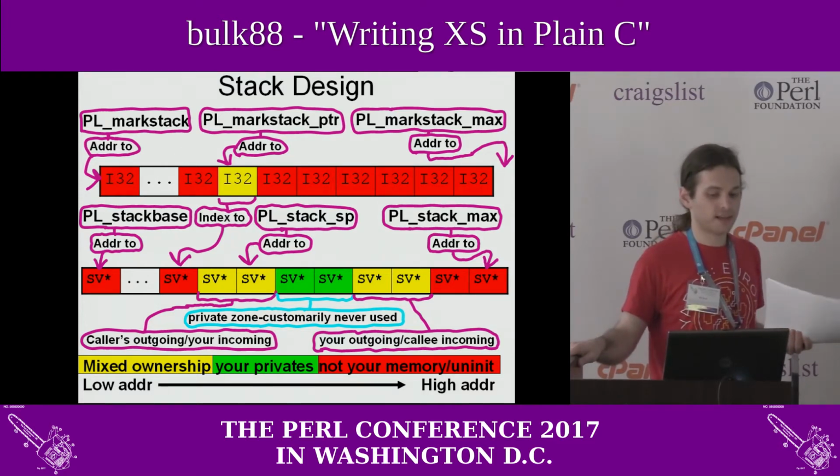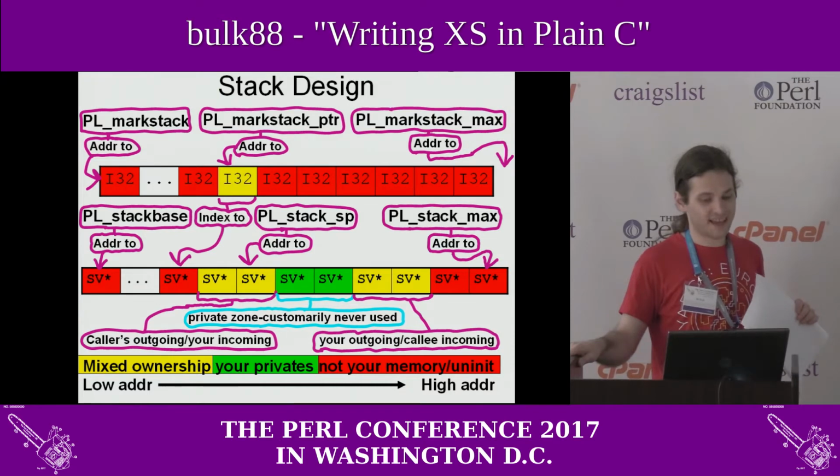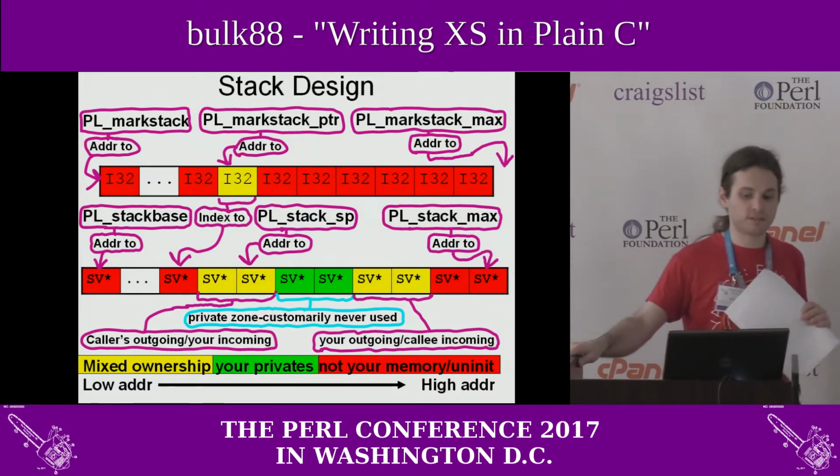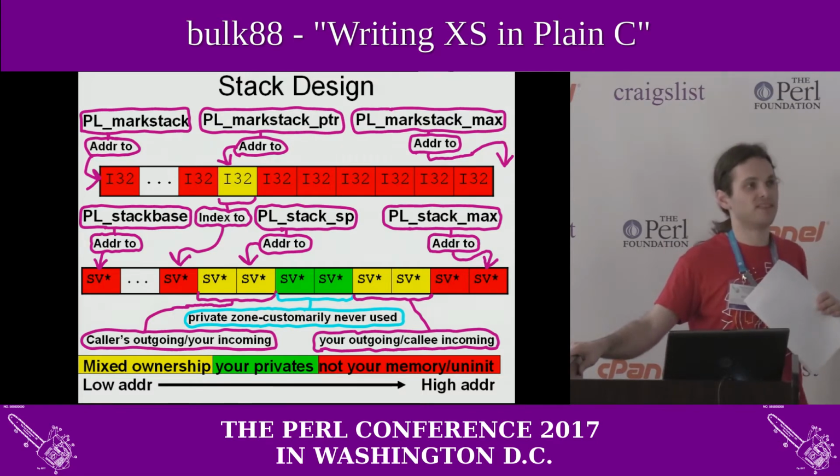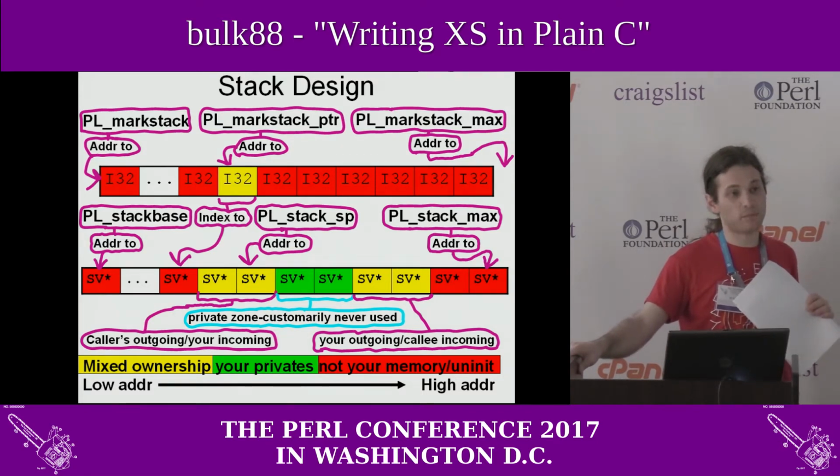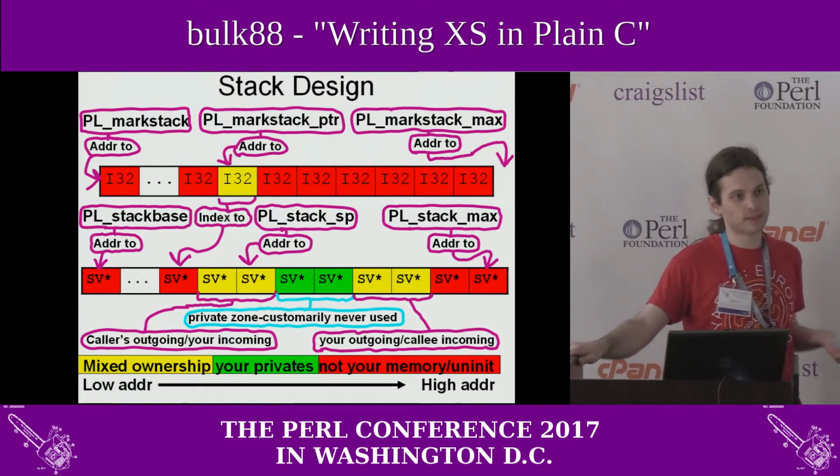You then add the index to PL stack base, doing pointer arithmetic to compute an absolute pointer into the Perl stack. This is now called the mark pointer, and the mark pointer is referred to in a lot of XSubP generated code, but the memory that is underneath the mark pointer is never your memory.